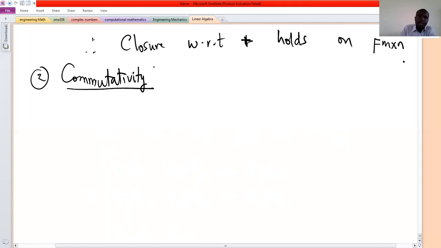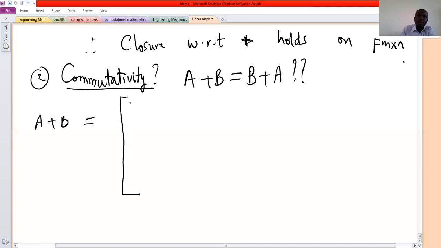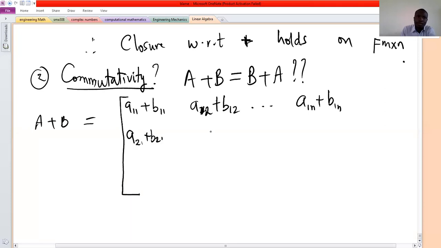Now for commutativity, we check that A plus B is equal to B plus A. So A plus B, from what we have gotten above, is A11 plus B11, A12 plus B12, all the way up to A1n plus B1n, A21 plus B21, A22 plus B22, all the way up to A2n plus B2n.